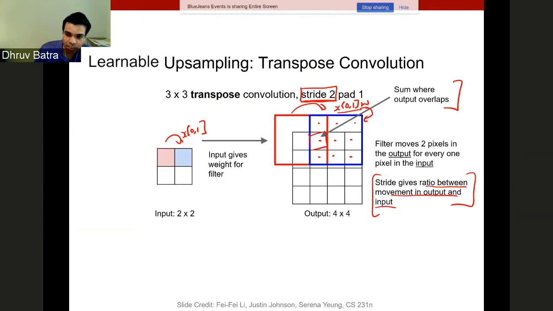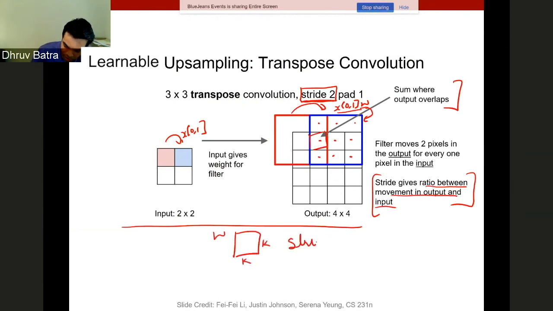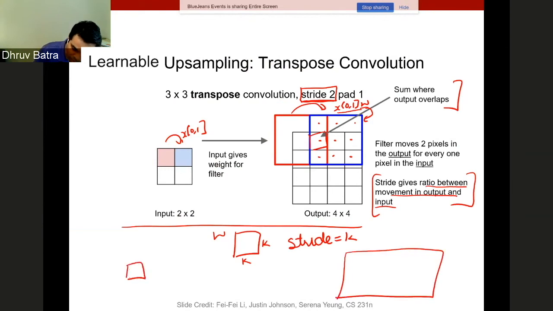One particular example I could give you is, imagine if I had a W which was k by k, and I chose a stride equals k. Let's say my input was 1 by 1. All that means is I will take my x0,0 times W, and I will put that here, giving a k by k output.